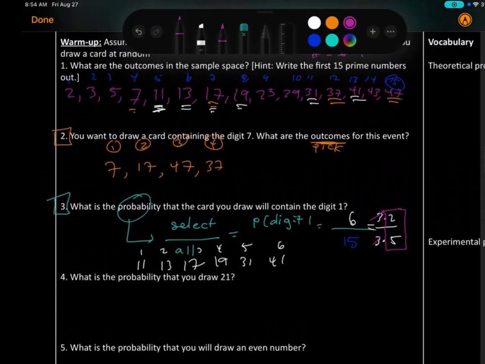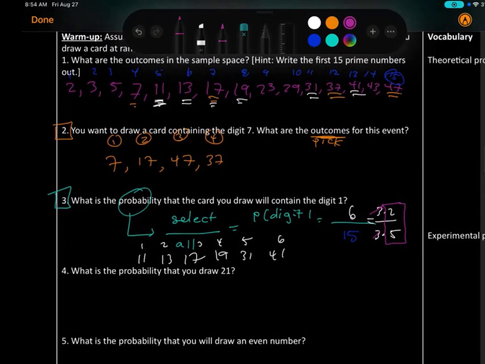Okay, what is the probability that you draw 21? I think I have a typo here. No, it's not a typo. Look at this. Here's the question. Where is 21 in this list of numbers? From the 15 prime numbers up there, is there a 21 in there?